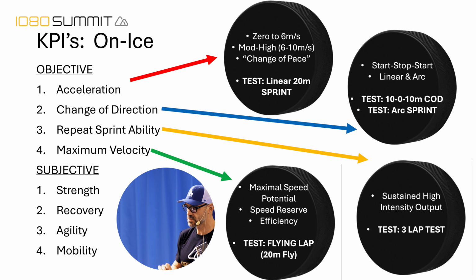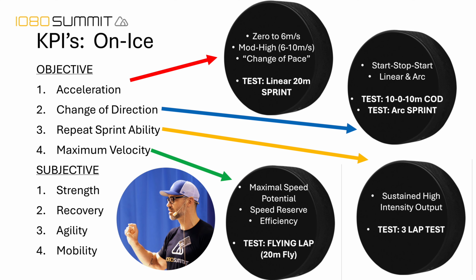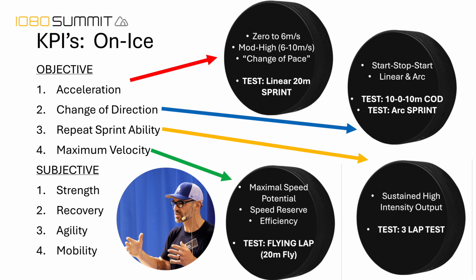So let me walk through this. Acceleration, we talk about that in terms of 0 to 6 meters per second. It's not a super high speed, but it's a nice analogy to a car. We're still building this language in our sport. We don't have a culture and a history of sports science in ice hockey.